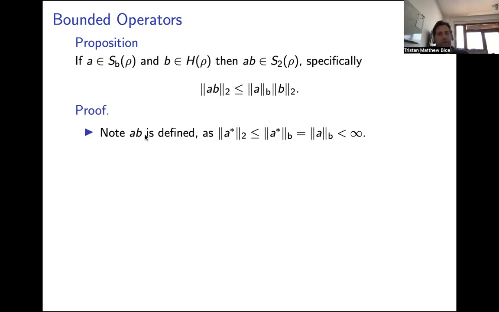Okay, so we already know that AB is defined, because the 2 norm of A star is below the B norm of A star, which is the same as the B norm of A, which by assumption is finite.